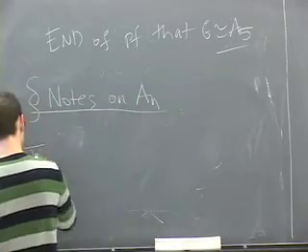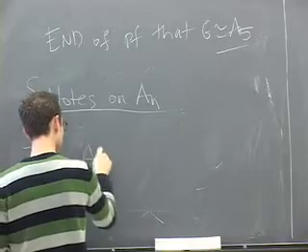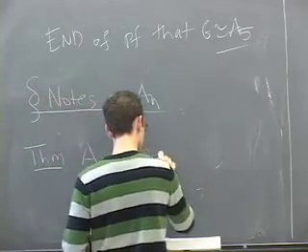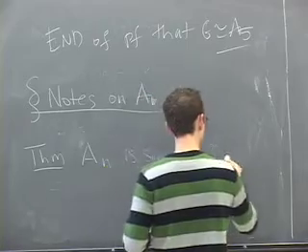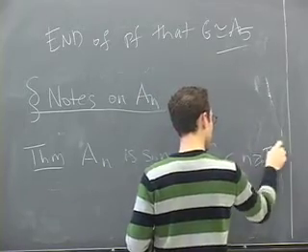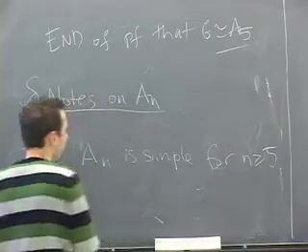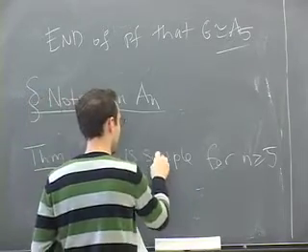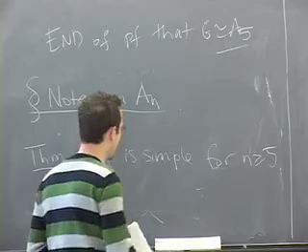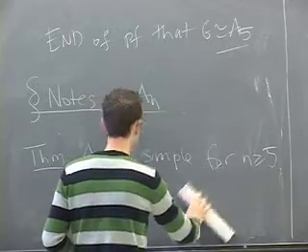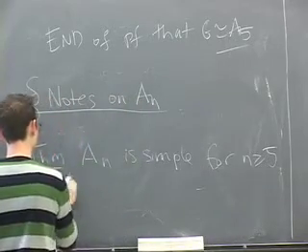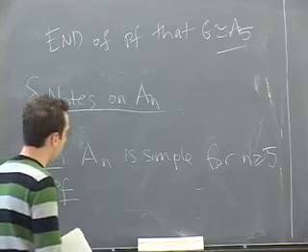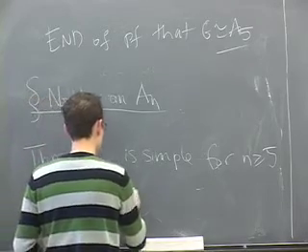So, theorem: A_n is simple for n greater than or equal to 5. There are a number of different ways of doing this. One way is very computational. I'm going to give you a hint at a different method. The proof I'm going to suggest is by induction.